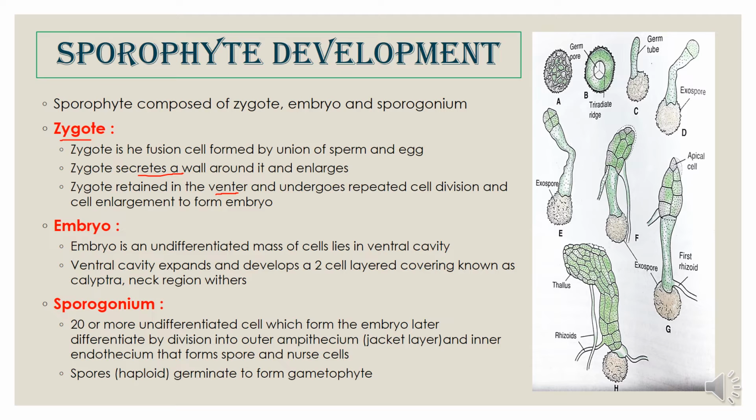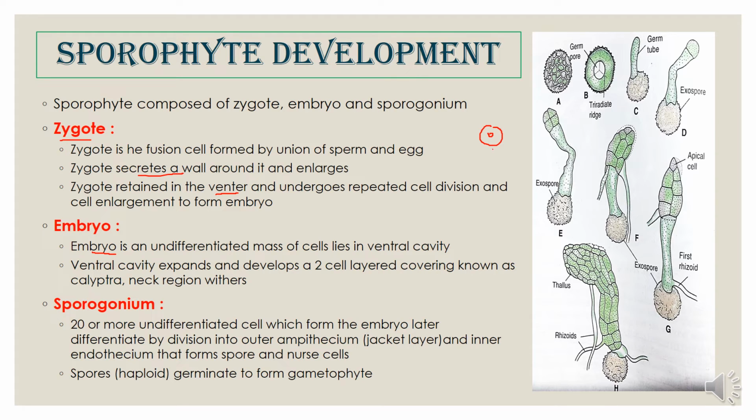So the venter also expands, and the jacket layer of the venter undergoes division to form a two-layered calyptra. So the zygote, after repeated division, forms a mass of undifferentiated cells. This is the zygote, a single-celled structure.